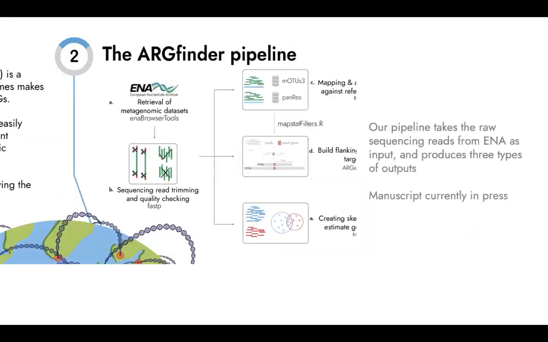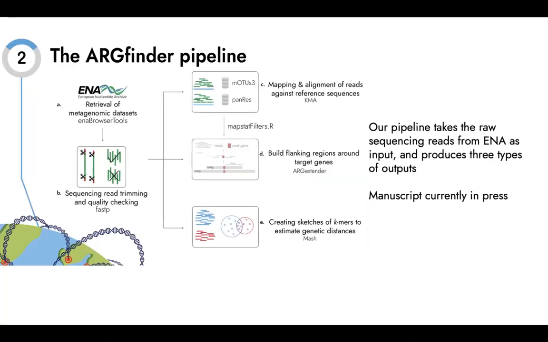And here I just wanted to walk you through all the work we've been doing in order to utilize all this data. Here's our pipeline we are currently developing and trying to get a manuscript published on it. We are retrieving the data, the sequencing reads, we are trimming them, and then we are currently doing three kinds of things.